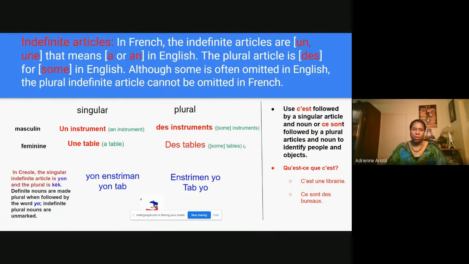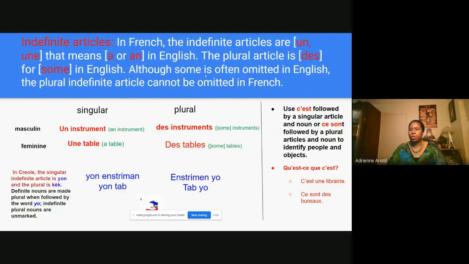In French, the indefinite articles are un, une. That means a or an in English. The plural article is des, for some in English.